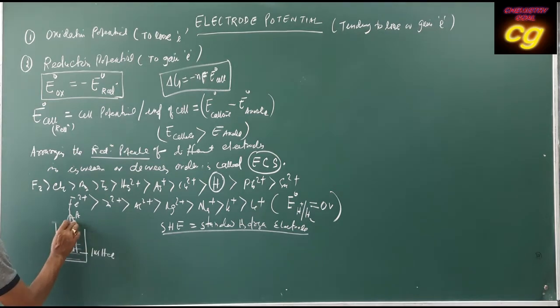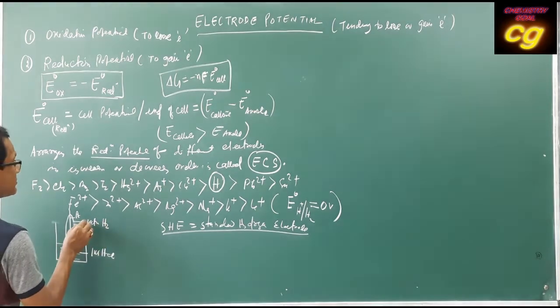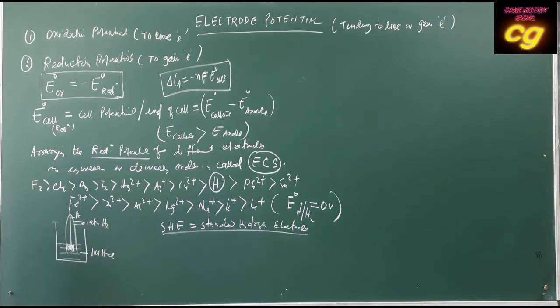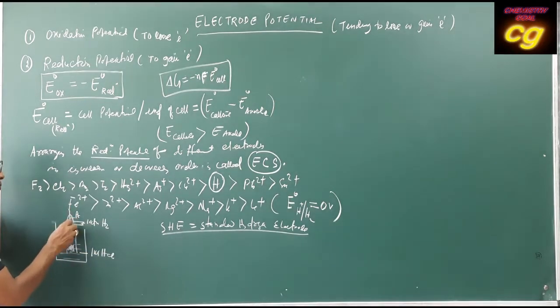Hydrogen gas at 1 atm is passed through the tube continuously, maintaining the pressure of 1 atm inside the tube. This tube is inverted and dipped in the 1 M HCl solution, and the tube is fitted with a platinum wire.